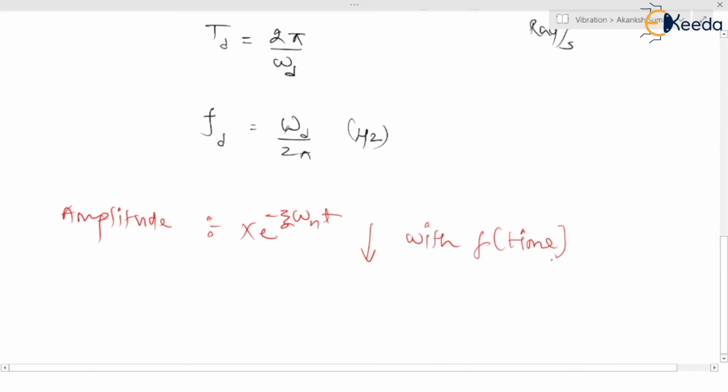We all know that, but the negative sign is there, that's why it is decreasing with time.